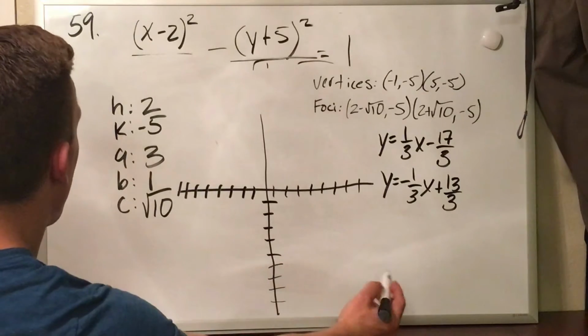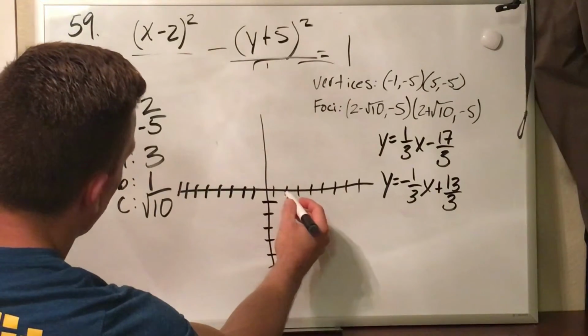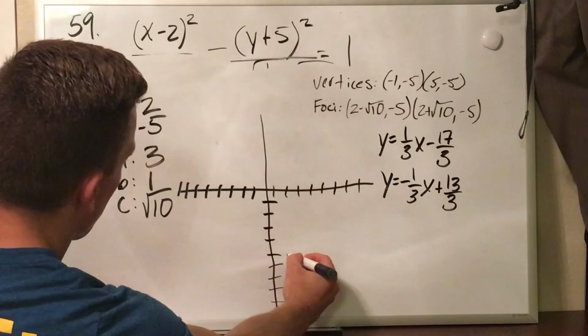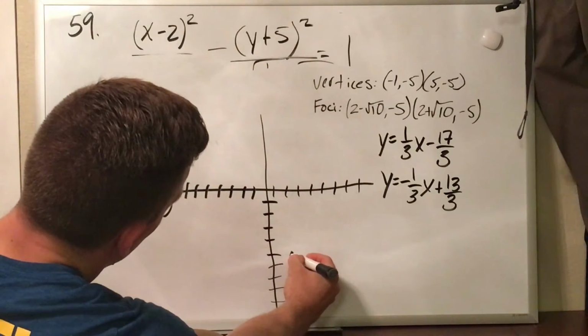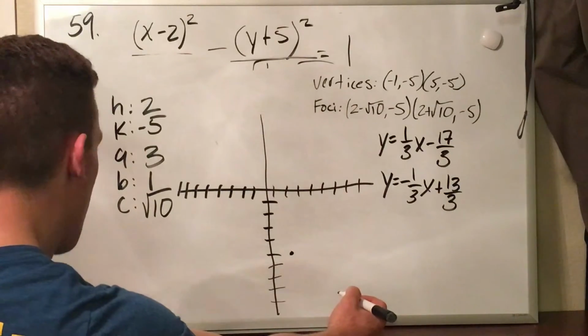Our center (h, k), h is the x value, k is the y value: 2, negative 5.